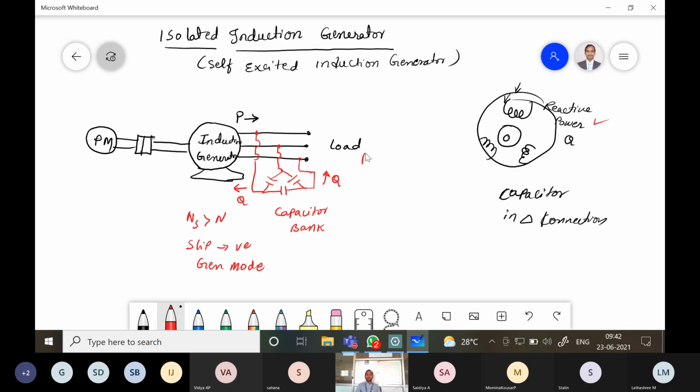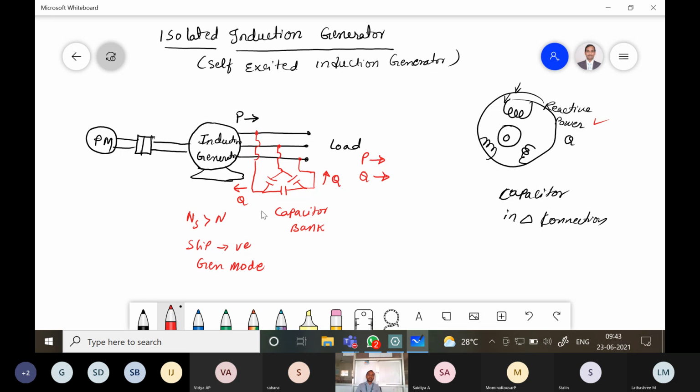The excitation will be taken by some arrangement using the capacitor bank. So we will get the active power from the induction generator, and also Q, the reactive power. Some of the reactive power will be utilized for the excitation, and the remaining reactive power will also go through the load. So this induction generator can work even without an external supply.